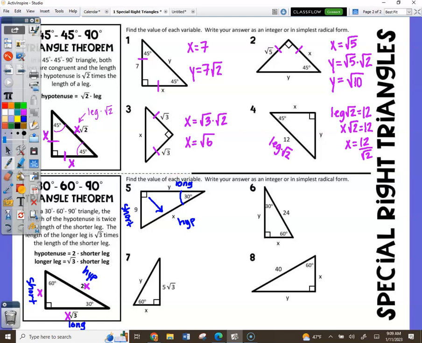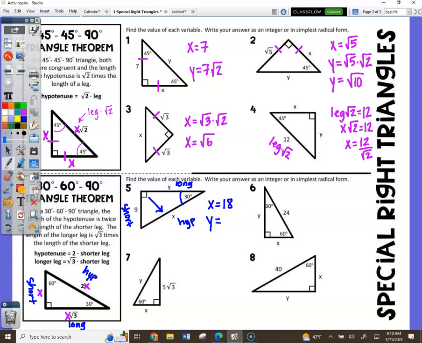All right, and then you go to what you know. I know the short, so it's a short problem. Shouldn't even need my calculator, really. So if the short side is 9, then the hypotenuse is double, so x would be 18.